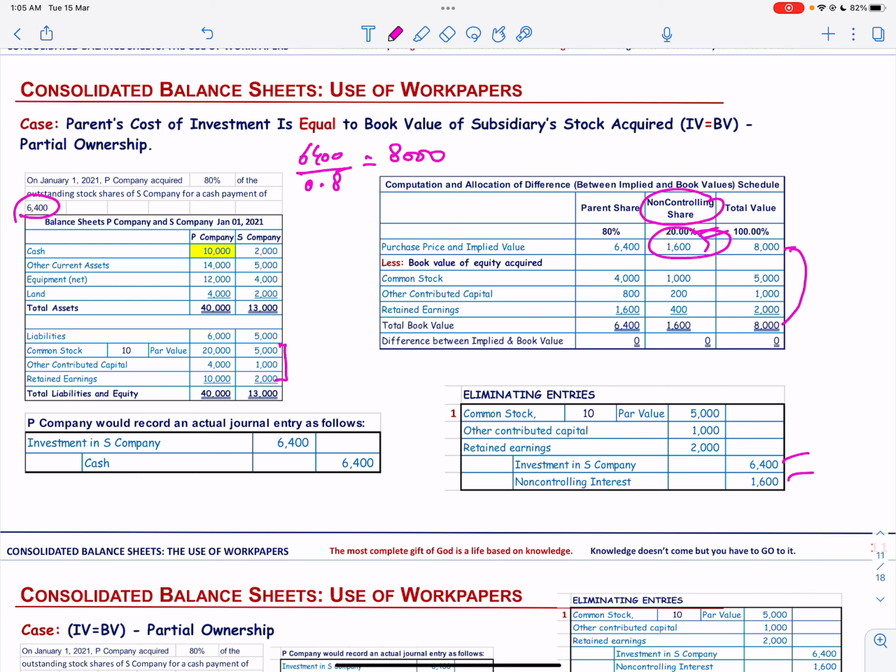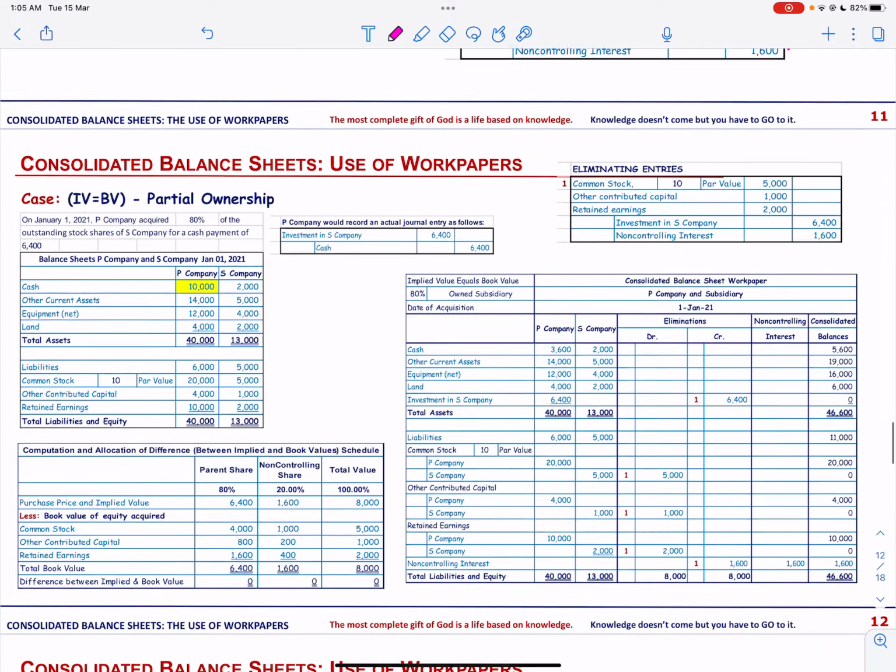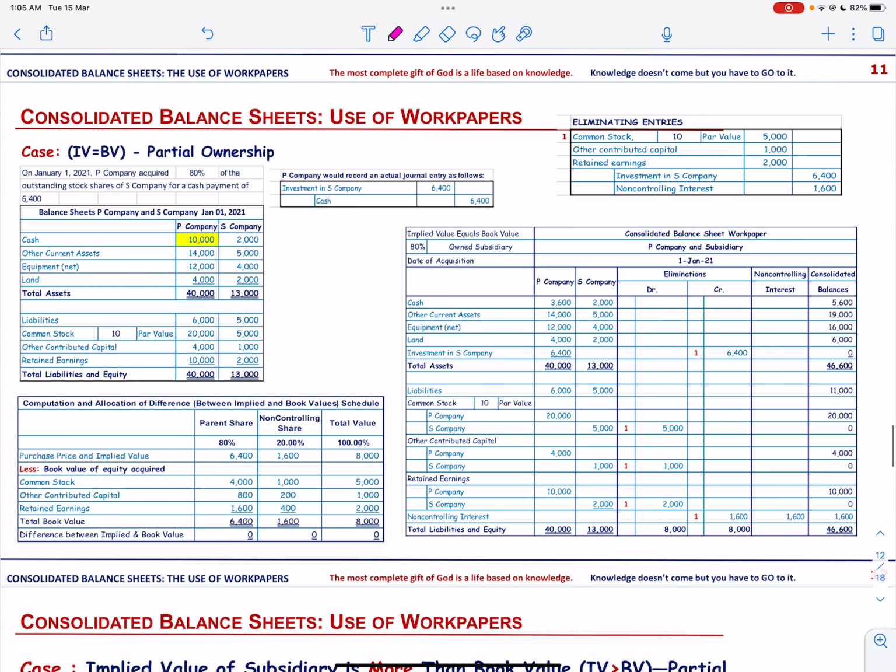Since the purpose of the consolidated balance sheet is to report the net resources under the control of a single management, all S company's assets and liabilities are combined with those of P company on the consolidated balance sheet. And the non-controlling interest, representing the non-controlling shareholders' interest, is shown as a separate component of stockholders' equity.